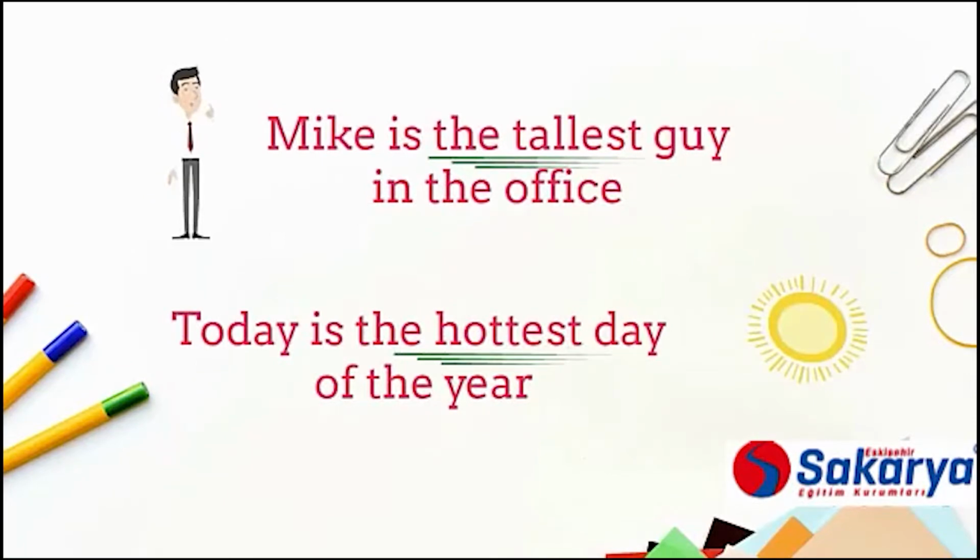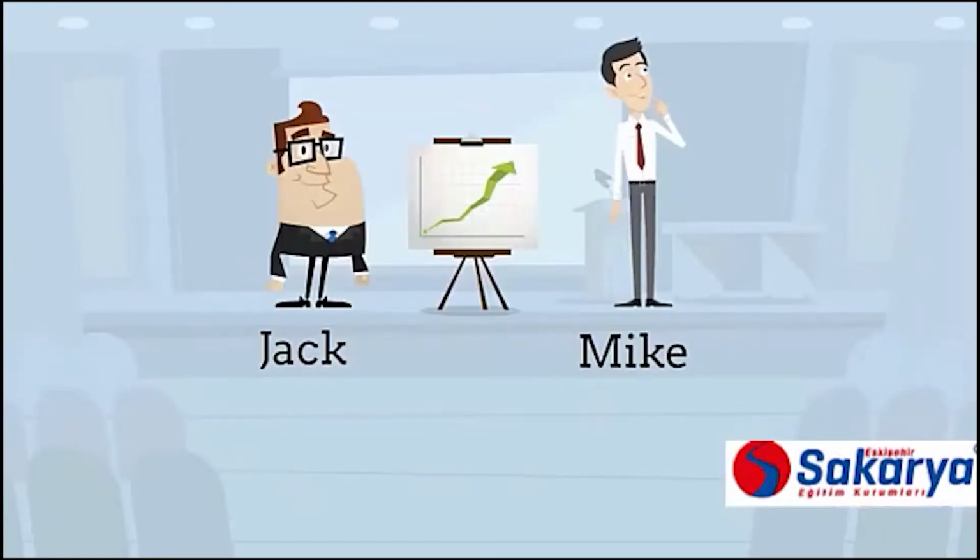Let's watch these examples. Mike is the tallest guy in the office. Here we used the tallest. Today is the hottest day of the year. Here we have hot, hottest.